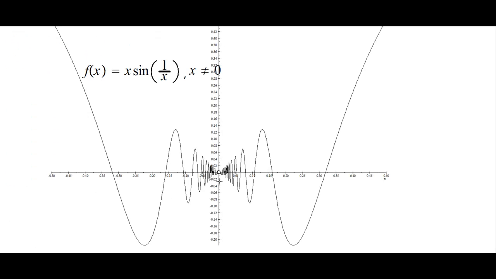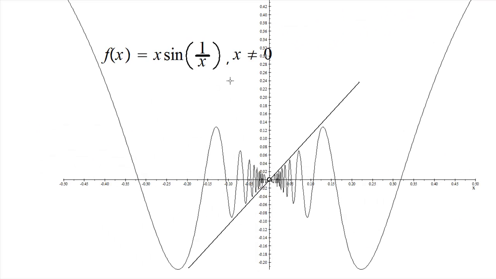And what has happened here? We have this number and this number, they are about identical, which is not really that big a surprise, because you can see that both these graphs are bounded by y equals x and y equals negative x.